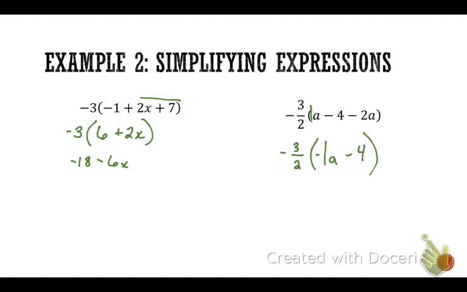All right, so we are going to distribute the -3/2. Now, I'm going to show you the long way. My guess is by the time we get to the test, you will be able to do some of this mental math. But would you agree that when I distribute, it's -3/2 times -1a minus 3/2 times -4/1?